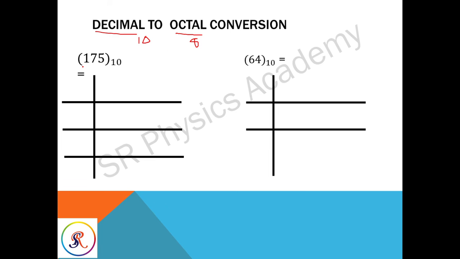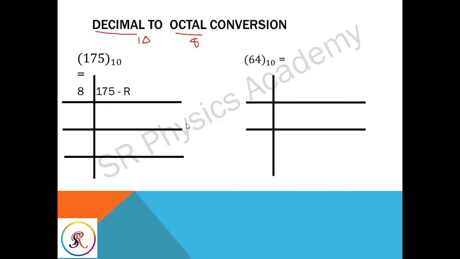Let's take one more example, 175, how to convert it into octal. We have to divide by 8. In the last slide we divided by 2 because of decimal to binary, but in this case the base is 8.